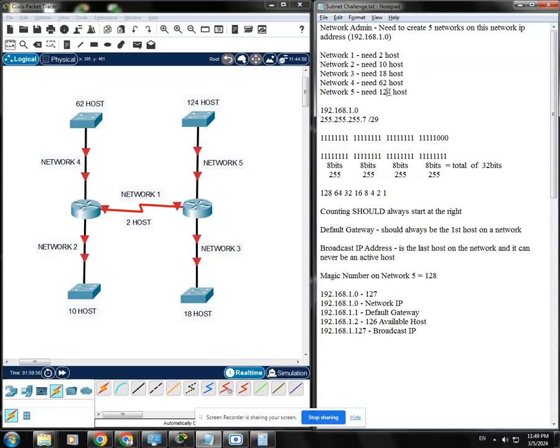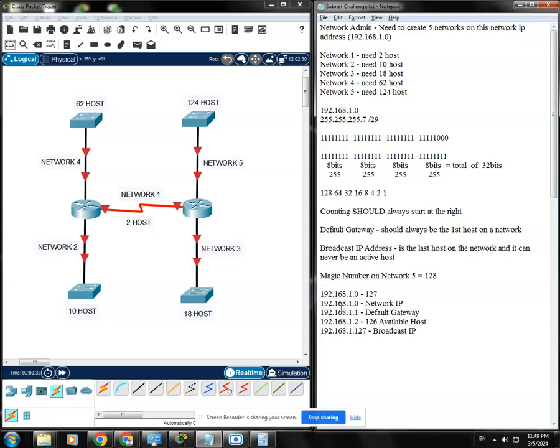So 124 plus 2 becomes 126. We need 126 hosts, including the network IP address and broadcast IP address. Since it's 126, we pick 128 because 128 can cover the 126. So we use this as the magic number on network 5, which is 128.